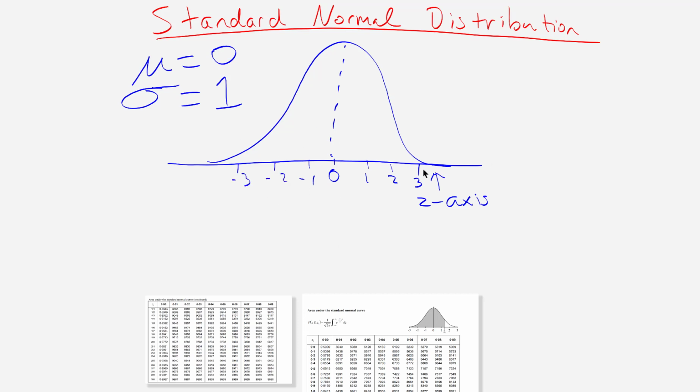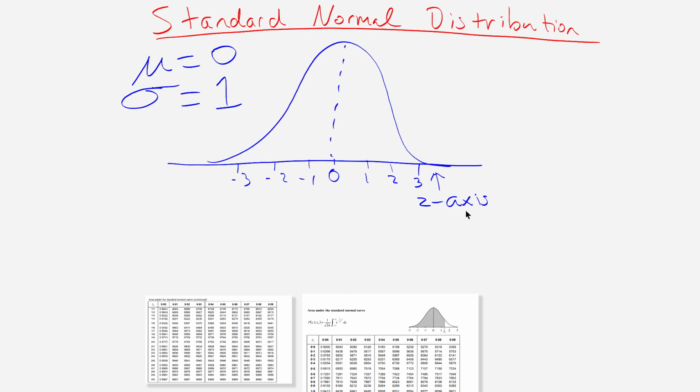We generally only care about values between -3 and 3, and each of these units represents one standard deviation. So when you go up 1 unit on the z-axis, you're 1 standard deviation away from the mean, 2 standard deviations away from the mean, 3 standard deviations away from the mean, and so on.